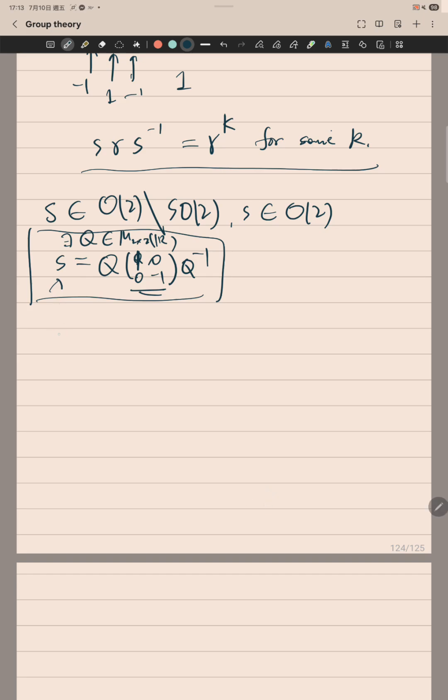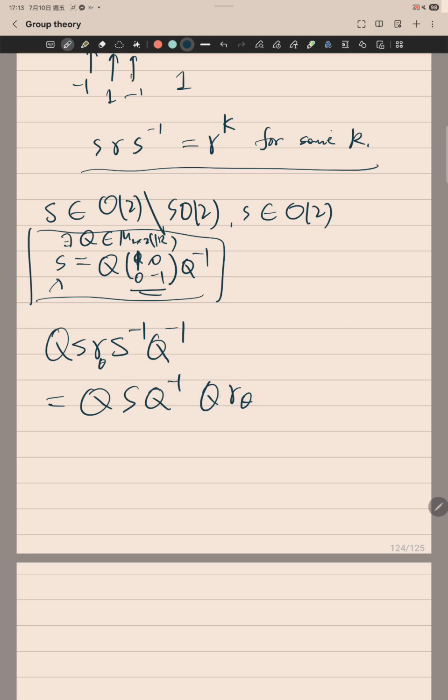Okay, so if I consider Q inverse R theta Q, I do this kind of transformation. Now I can write S Q inverse Q R theta, oh sorry, I can write Q S Q inverse R theta and then Q S inverse Q inverse.